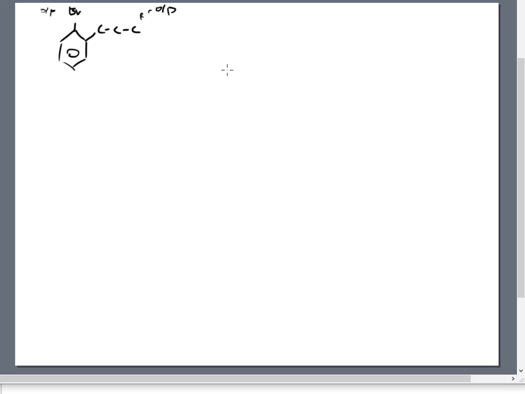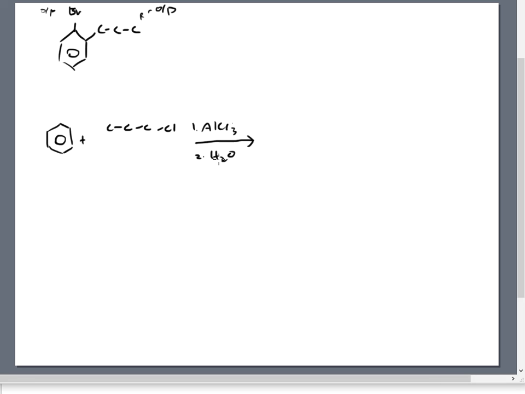So out of these two choices, I'm probably going to end up taking benzene first, and then I'm going to react this with a carbon-carbon-carbon chlorine. And with that said, maybe I can bring in the aluminum chloride, AlCl3, with number 2, water.